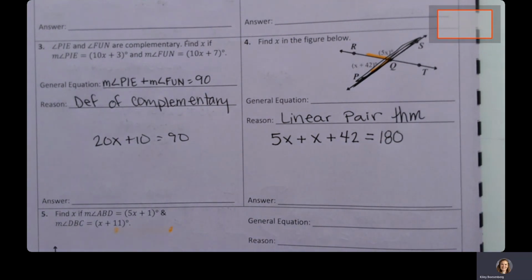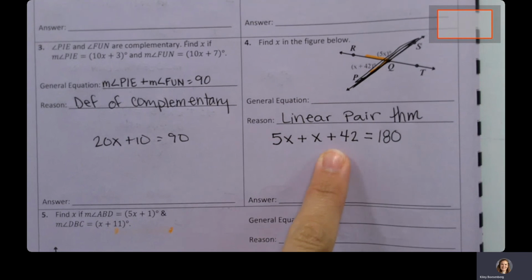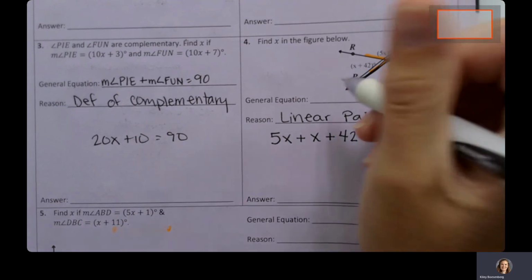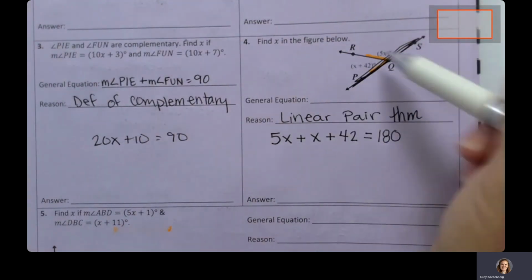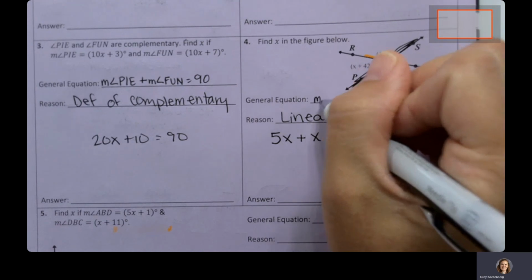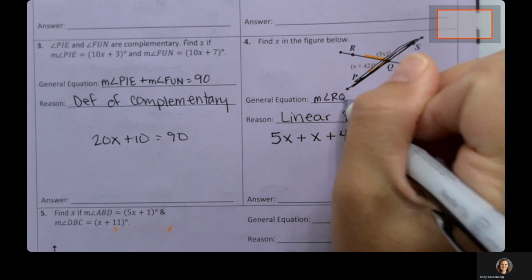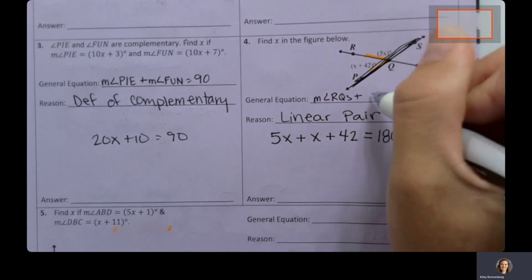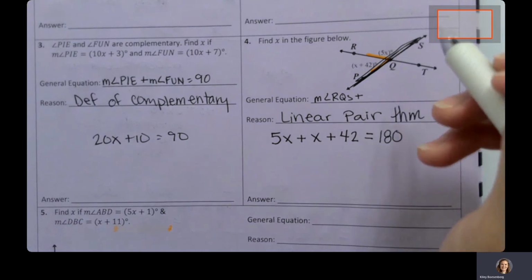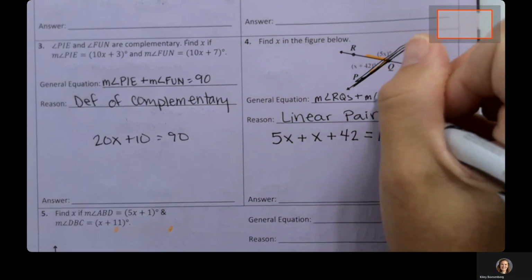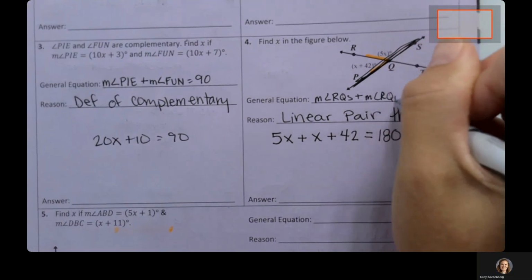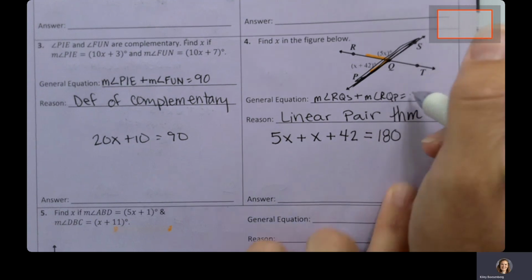General equation. Again, take the two things that you did and write them down. So linear pair, 5x came from RQS. Measure angle RQS plus, and then RQP is where I got the other one from. And then right here, 180.